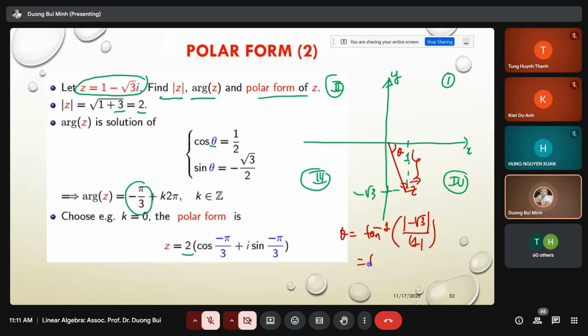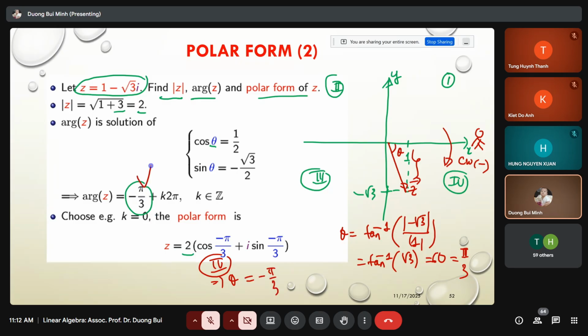So that means tan inverse of square root of 3, and let me calculate, we get 60 degrees, which means pi over 3. But you should remember, you stay here and follow clockwise, which is negative, to come to z. So because it is in the fourth quadrant, theta is minus pi over 3, and then plus 2 pi k.